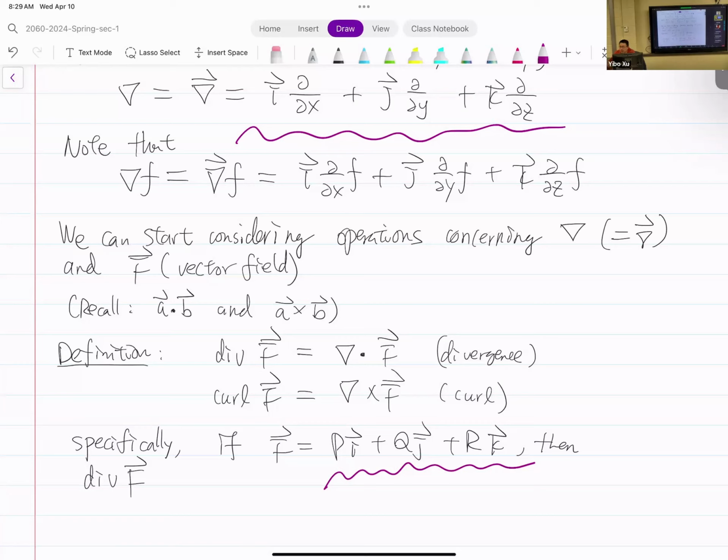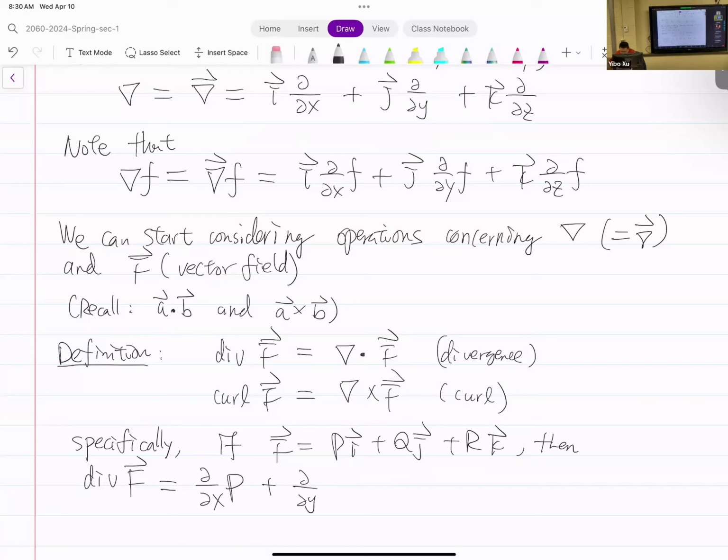And then for the j component, I'm just multiplying the partial with respect to y with the component function Q. And then finally, for the partial differentiation with respect to z and the third component, I'm just putting that together with the component R. Okay, so we put that together. So that equals the partial with respect to x of the P component plus the partial with respect to y of the Q component, and finally the partial with respect to z of the component R. Okay.